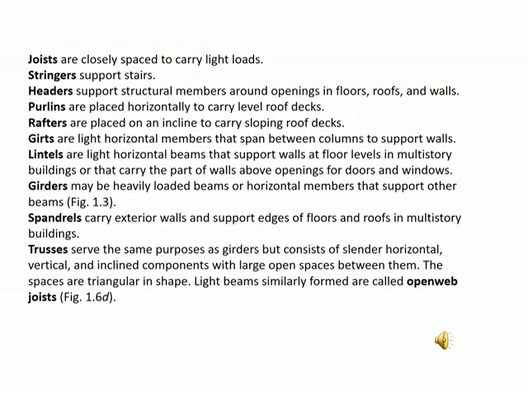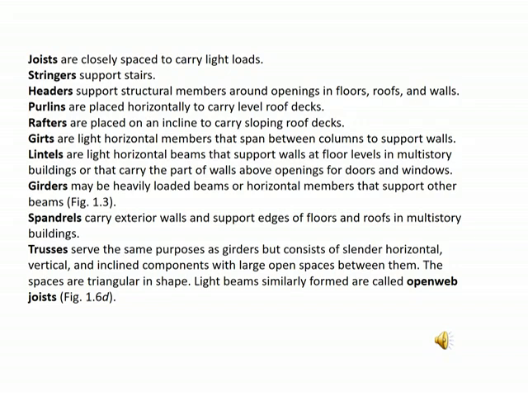Girts are the light horizontal members that span between the columns to support the wall. So from one wall to another wall, the columns are supported by the girts.